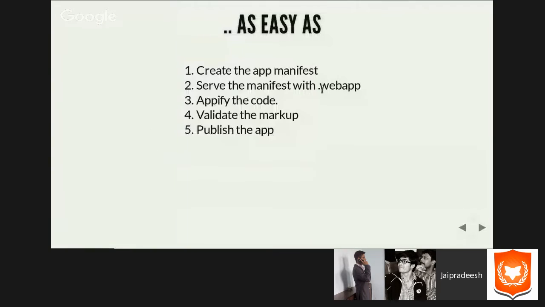That is appifying the code, which means you have to style your CSS accordingly and make sure you give a better experience for the user. And validate the markup. HTML is not a programming language; it's a markup language. Validating the markup means your HTML might work well, but you have to make sure it goes along with W3C conventions. And in the end, publishing the app.